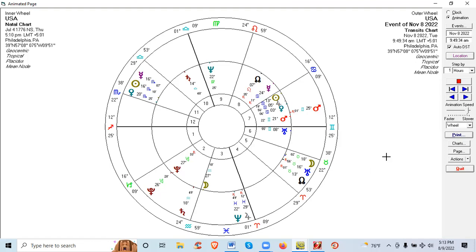And then back to the bottom, look, we've got transiting Jupiter getting close over to Neptune. There again, when there's that exact Neptune opposition to the natal opposition, Neptune right there with your big planet of Jupiter close by and in Pisces.